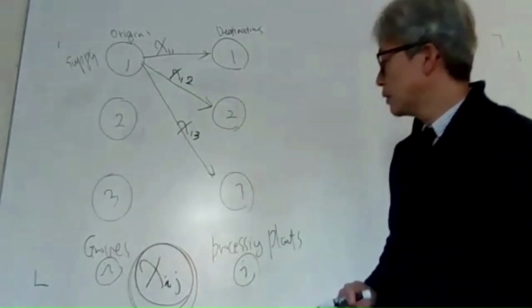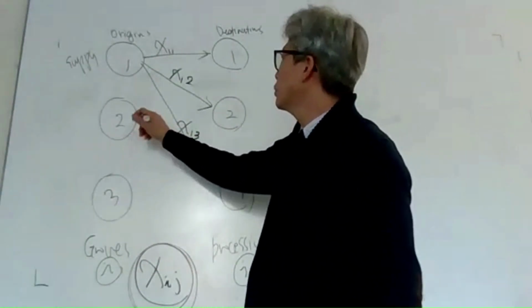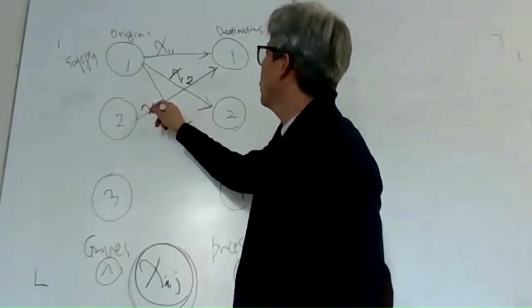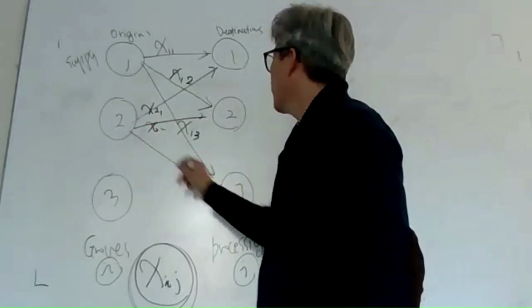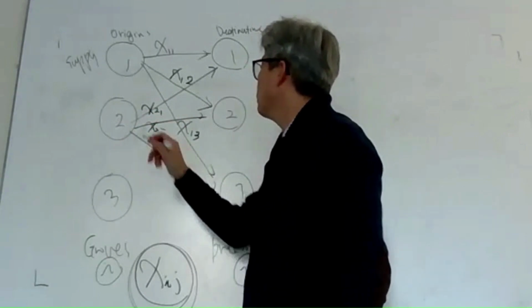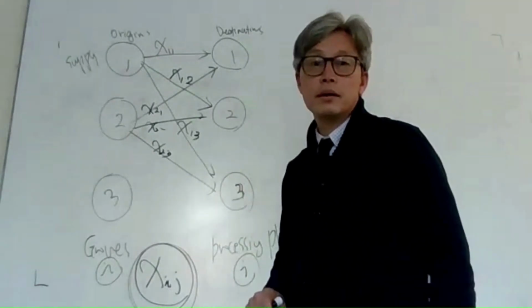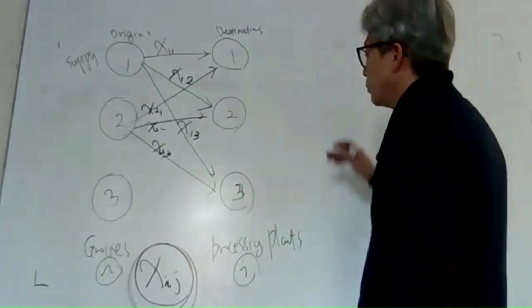You see this? So from grove 2 to processing plant 1, that's going to be x21, x22, x23 from grove 2 to processing plant 3. So that's our decision variables.